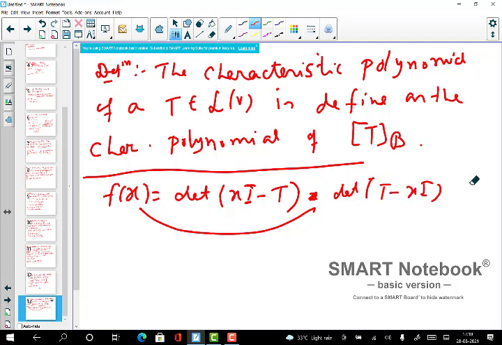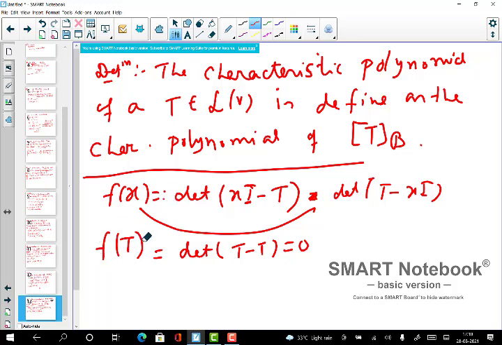Whatever way you define it, you stick to it. But the thing is that the operator T always satisfies that polynomial. That means, for example, this is my definition, and then T minus T, which is 0. So that means the linear operator or the matrix always satisfies the characteristic polynomial.